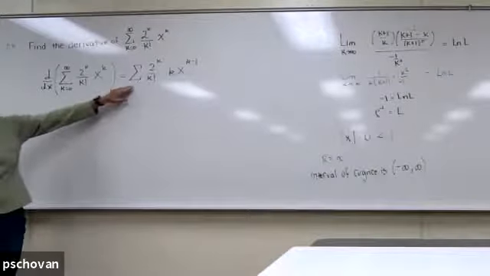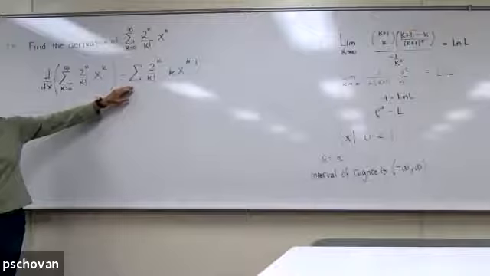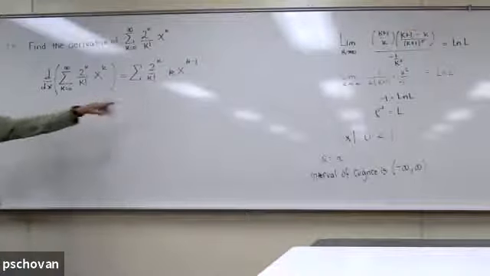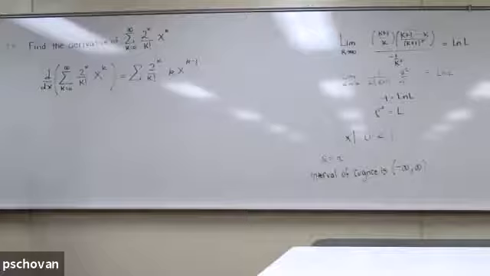But I left this blank. I need you to tell me what the index is on k. Is it still from k is 0 to infinity?